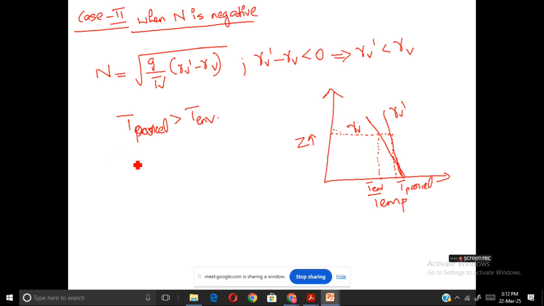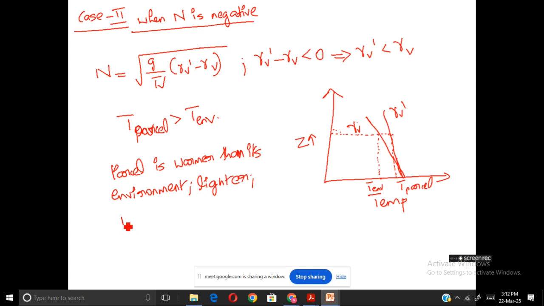So at any particular pressure level, the temperature of the parcel is greater than that of the environment, which basically means the parcel is warmer than its environment, means it is lighter.